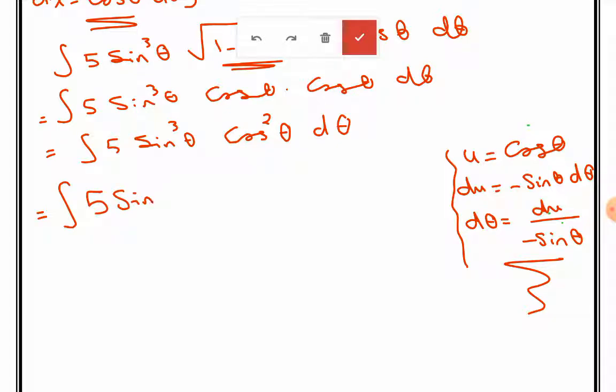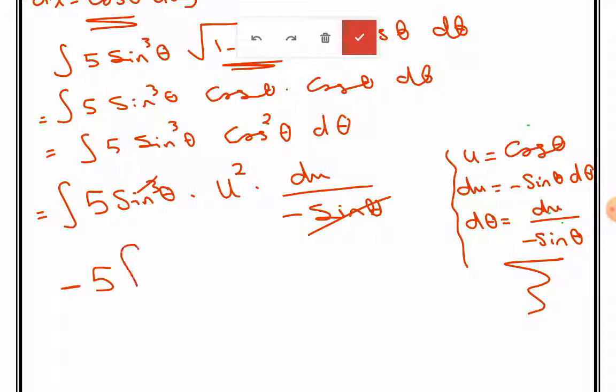5 sine cubed theta times cosine squared, it's u squared now, times d theta, which is du, and this all over negative sine theta. Cross out sine theta with sine cubed, we still have only sine squared. So what? Yes, we have negative 5 integral of sine squared theta times u squared du.